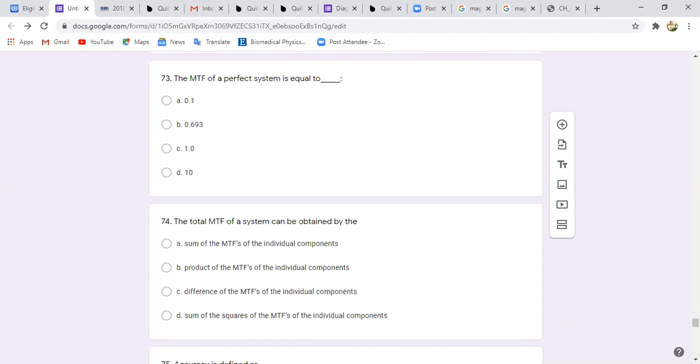The product can never give us something greater than 100%. If the first is perfect, the second perfect, the third perfect, at the end of the day it's 100% multiplied by 100% multiplied by 100%, which is still 100%, because we are multiplying 1, 1, 1, 1. So the product of the MTFs of the individual components gives us the total MTF of the system.